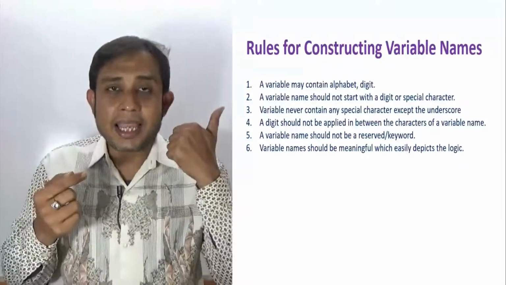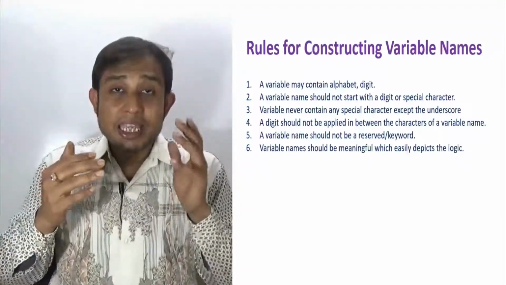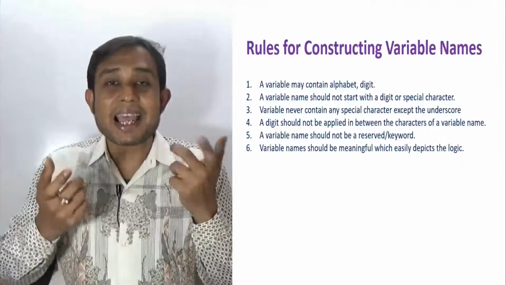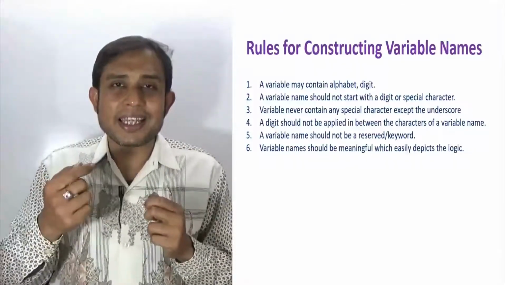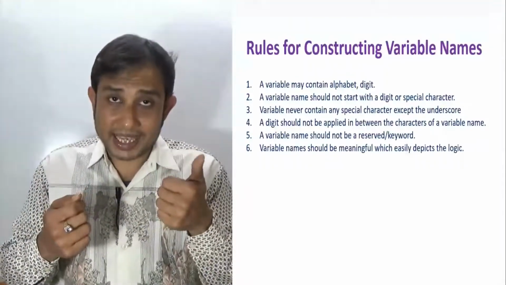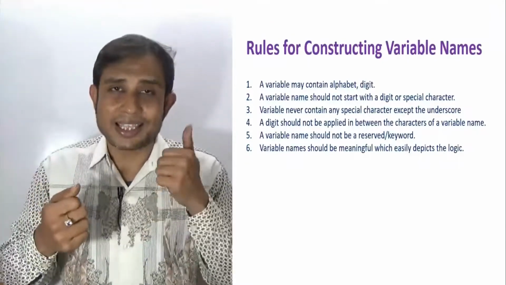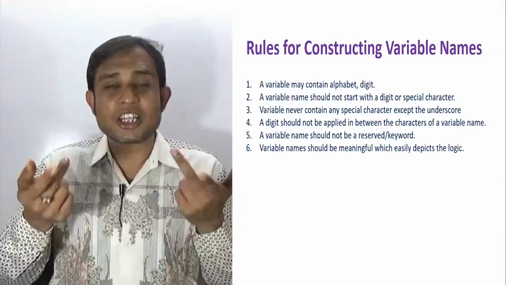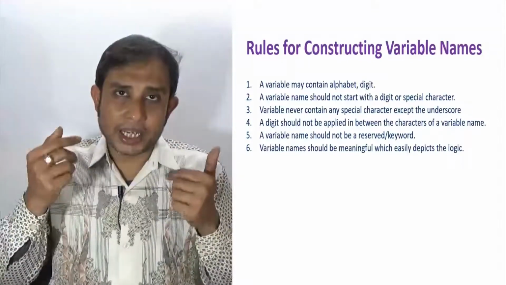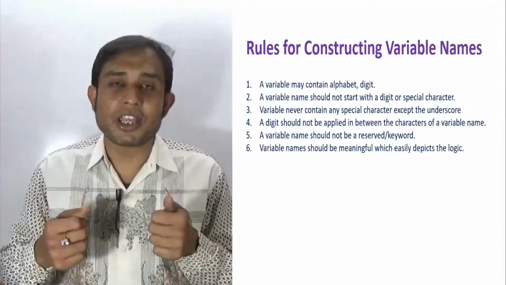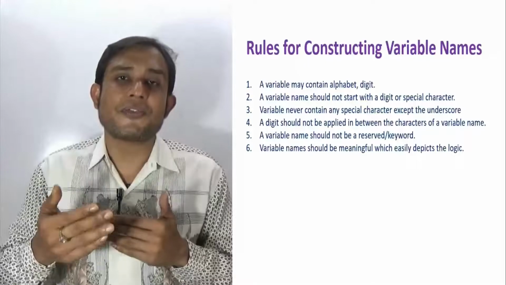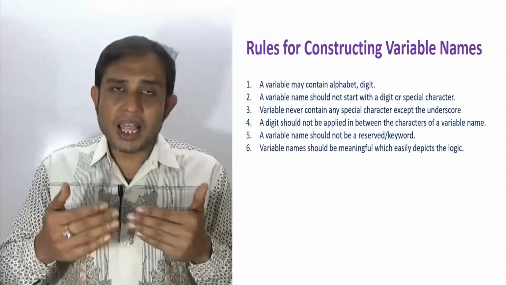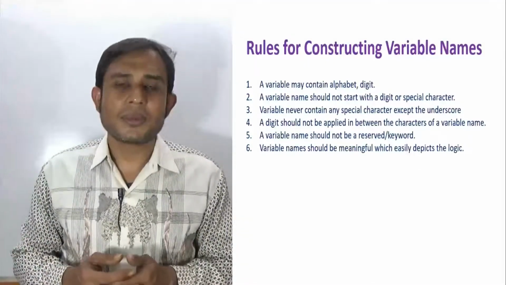We cannot assign a as 20. But if I declare this a as a variable, then we can assign the value 10 during the execution, and we can again change the value and assign 20 to the same variable a. So this is the basic difference between a variable and a constant.